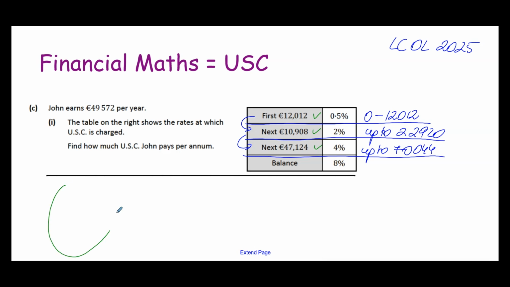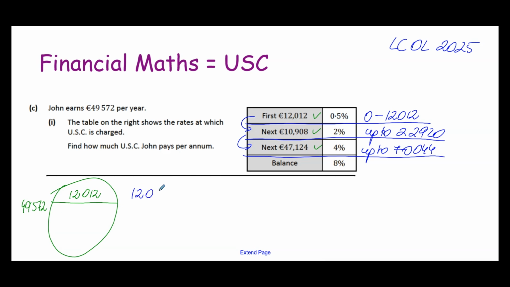So his 49,572 is taxed in, how will I say, in groups. So you cut off the first group, 12,012 euros.